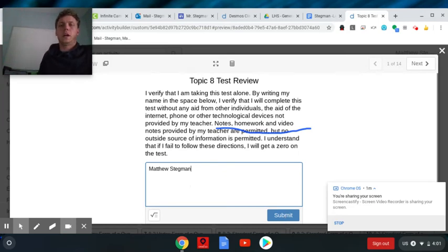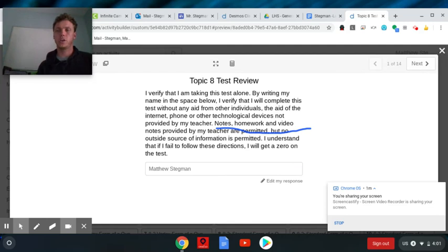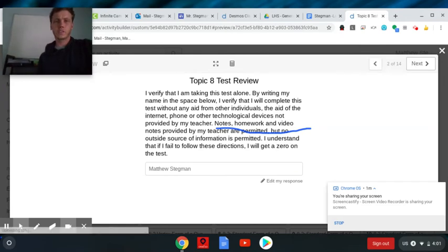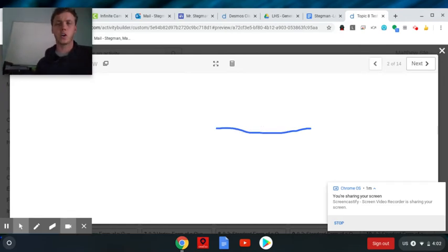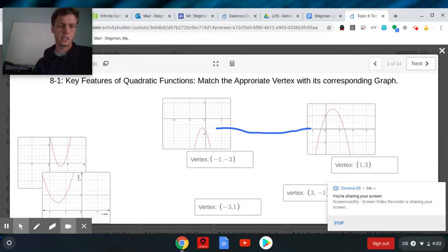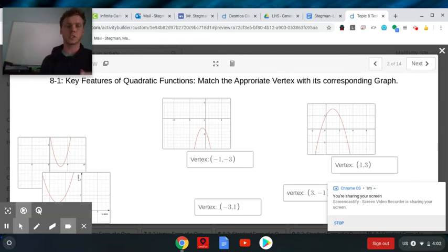All right. So getting started on this review, I'm going to go to the next page. The next three pages are all reviewing section 8.1, which are all just talking about key features. Before we go through this card sort, I'm just going to draw one quadratic up on the graph. We're going to take a look at all those individual key features, and then we can break down the card sort here.